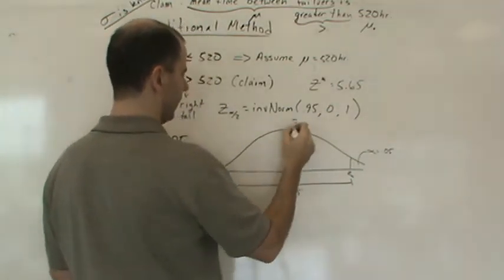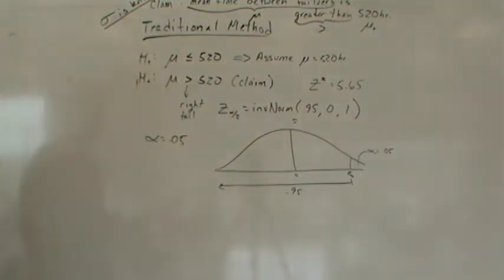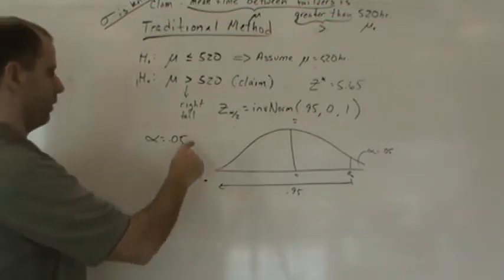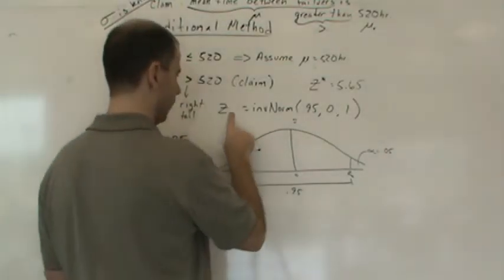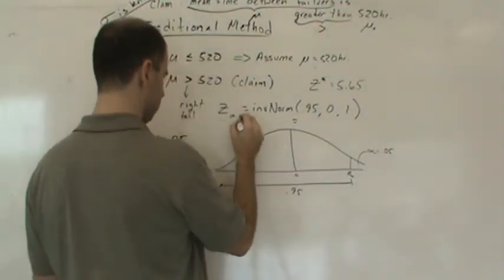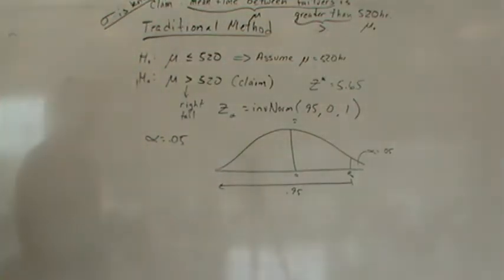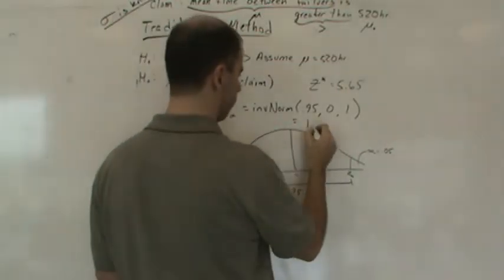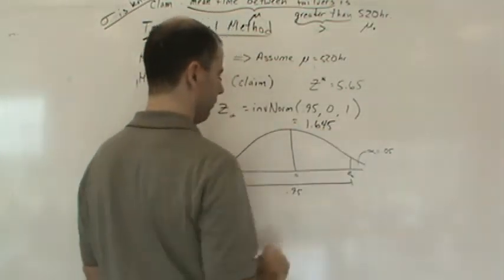So what is the z-score in this case? The critical value? It's not z alpha divided by 2, it's z alpha, sorry. So in this case, z alpha is going to be equal to 1.645.